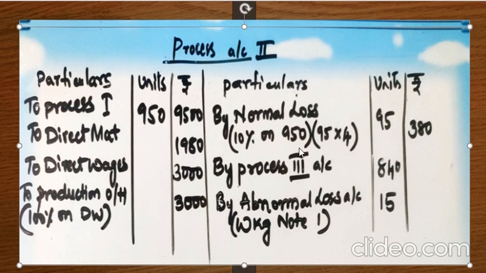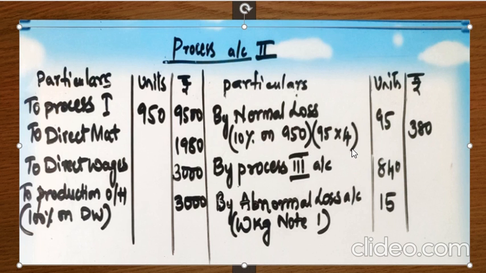So there is a difference in your output. Your input is 950, which is more than your output number of units. When your input is more than your output, there is a loss. You have introduced 950 units, but at the end of the day you get less than what you have introduced.